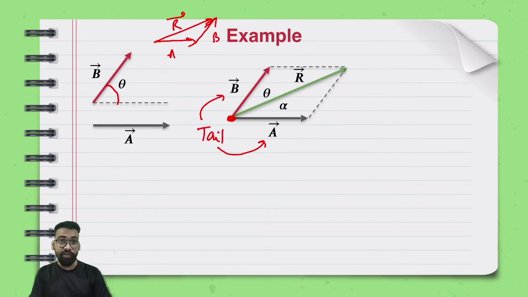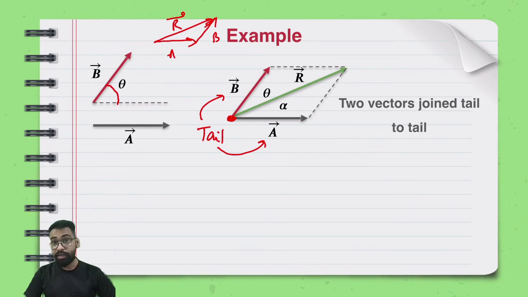The next thing I would say is that these two vectors are joined tail to tail. This is the tail of vector B, and this is the tail of vector A, so these tails are joined together.